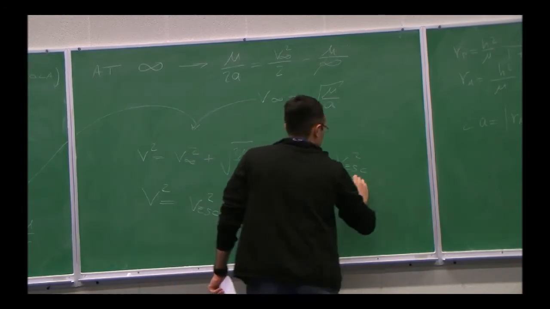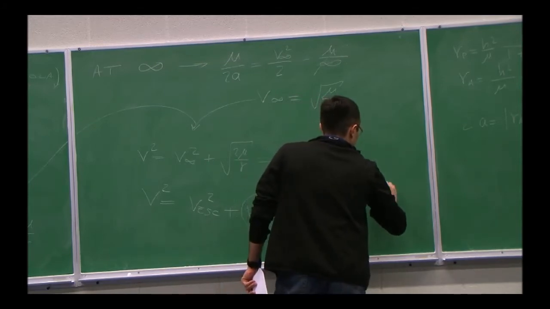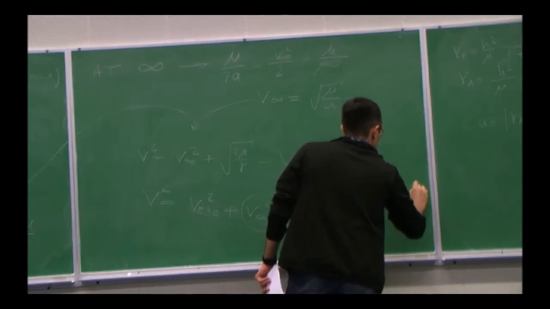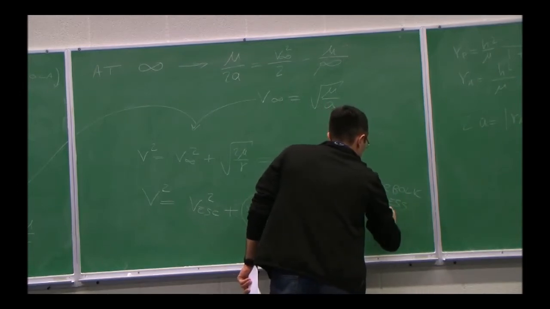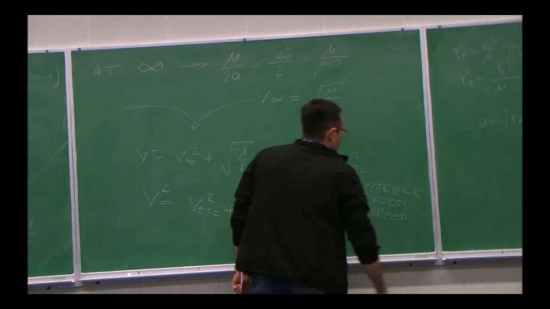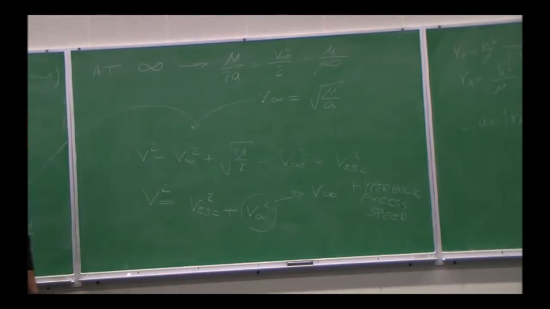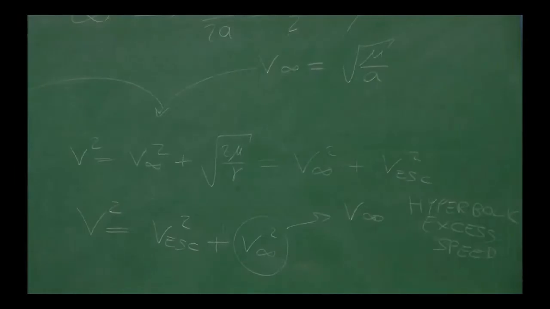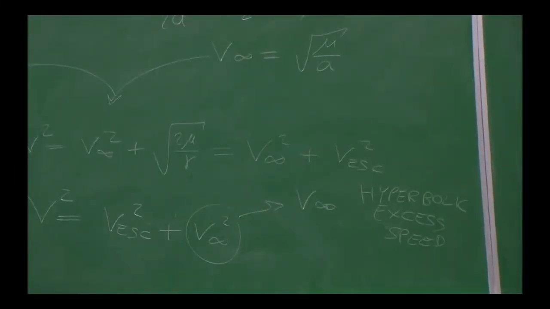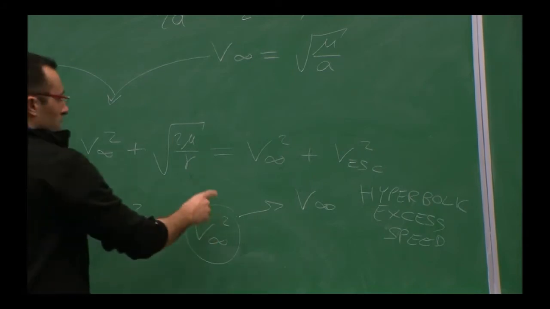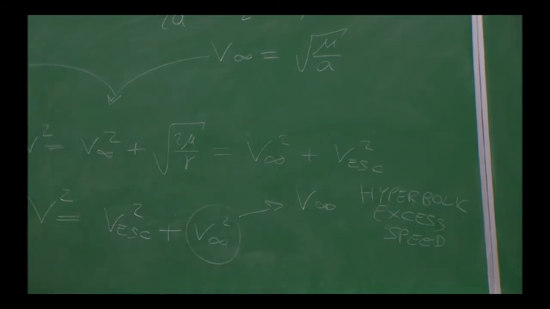That's what they call it. Basically it is what you're left with after you've traveled enough on your hyperbolic path. So if you want to escape the planet and move as the planet, you need square root of 2 mu over r. If that's not enough, you need a little more. You decide how much of this you want.